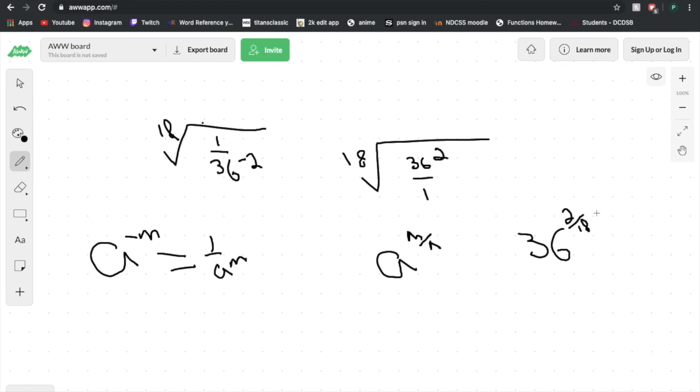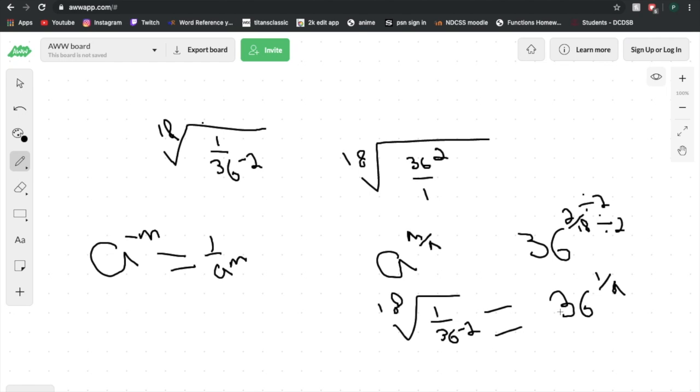If you want to further simplify, you could divide these two by 2. So you could technically say 36 to the power of 1/9. Now overall, you can see that the 18th root of 1 over 36 to the power of negative 2 is equal to 36 to the power of 1/9.